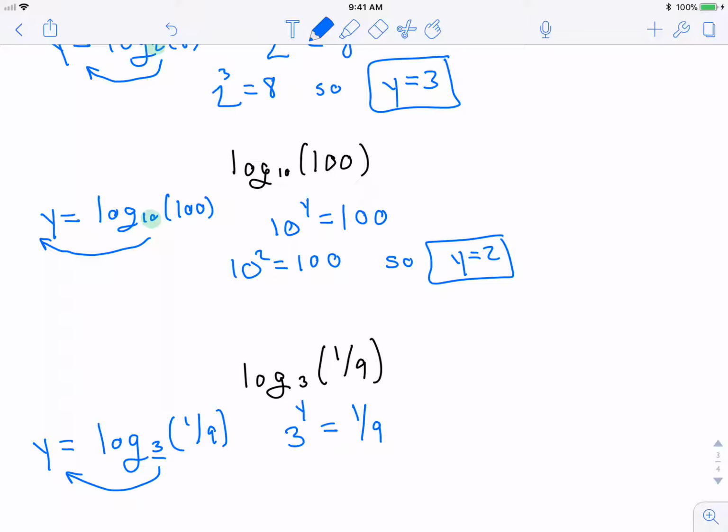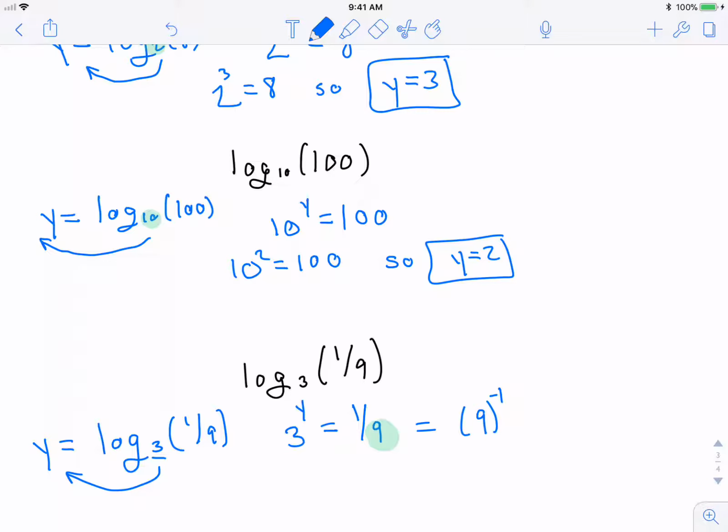Well, we're not quite sure what this is going to be because turning 3 into a fraction seems a little bit difficult. But from our rules of exponentials, we can simplify this and move the 9 into the numerator by saying that this is 9 to the power -1. Okay, now this seems more doable.